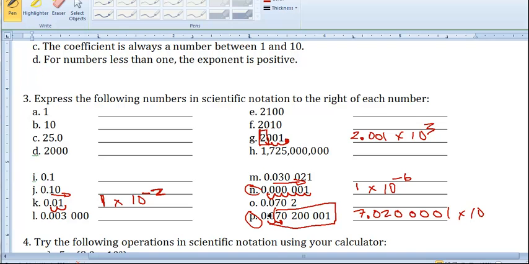And how many places did we have to move it? We had to move it 2 places to the right, so that is a negative 2. And that's that.